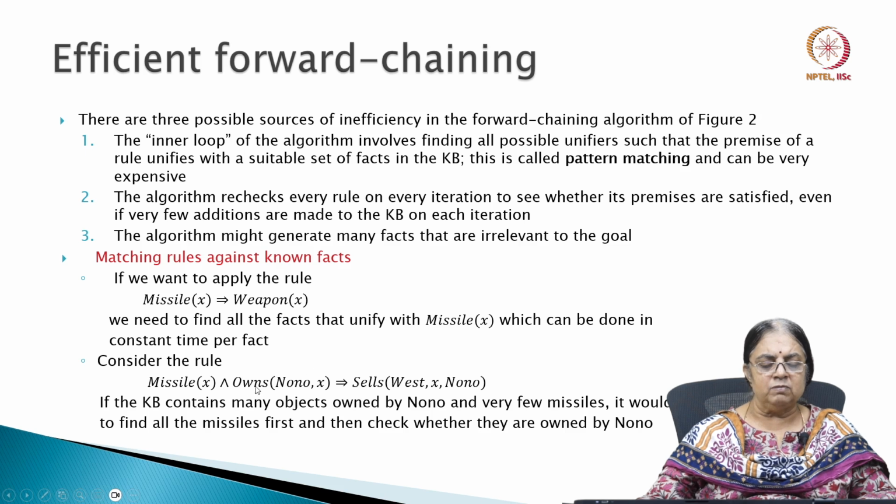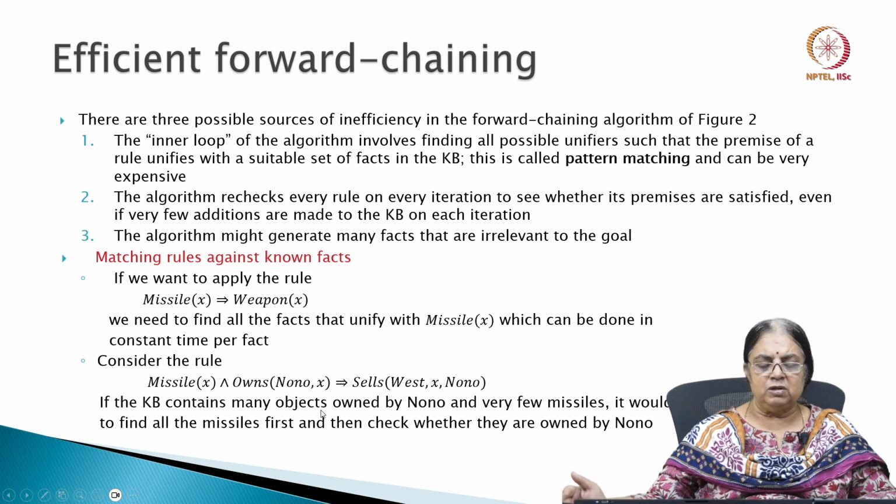But suppose you know that there are many objects owned by Nono, but very few missiles. So suppose you start with the missiles, say missile M1, missile M2, etc. You may find that depending on the order in which you do this, the time that you require may change, and we may be only interested in one or two missiles and not all the missiles.